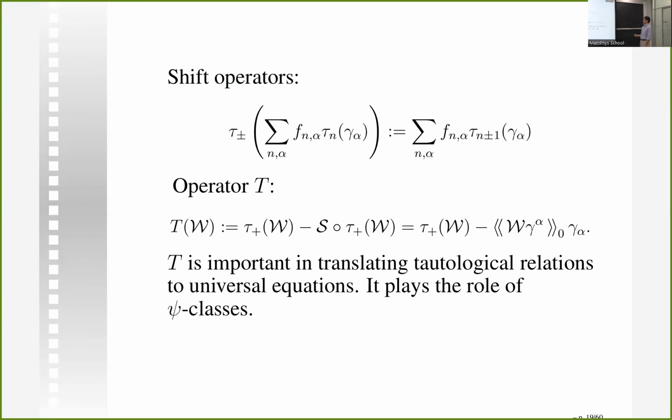Now we can define a shift operator on the vector fields. If you have a vector field written as a linear expansion over the coordinate vector fields, tau plus or tau minus just increases or decreases the level of descendants for the vector field by 1. Now we can define another operator T, acting on any vector field W, equal to tau plus W minus S times tau plus W, if S is the identity.